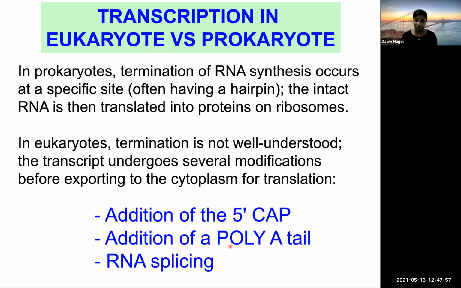That's a string of adenines that needs to be added to the 3' end of that RNA. And then you also need to make sure that you're going to be translating the correct transcript. To do that, you need to remove non-coding information from that transcript. And that's where RNA splicing is important for this process to happen.